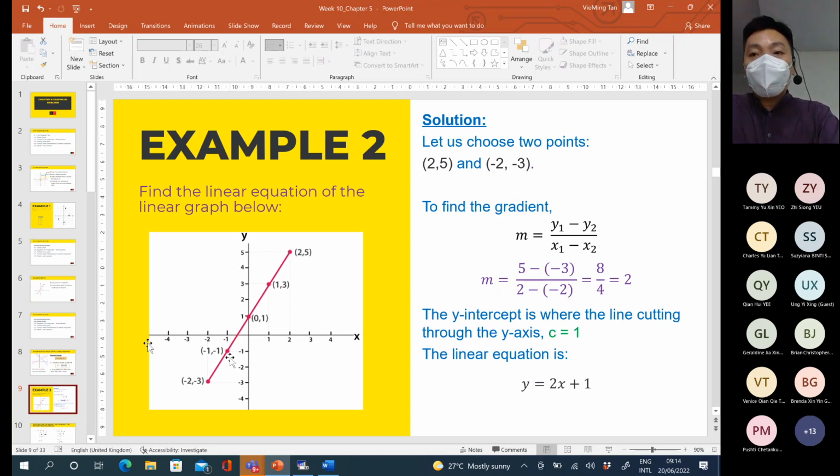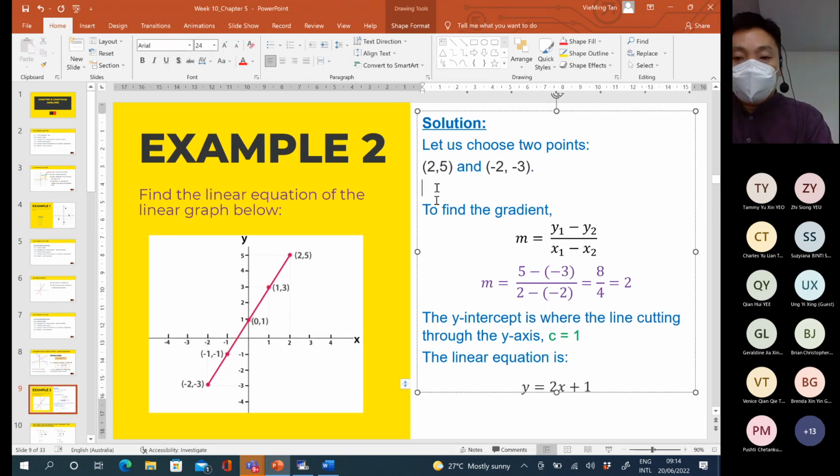Probably we can give a name to these 2 coordinates, a symbol to represent each coordinate before we start using the formula. Let x1 equal 2, and the first y value, y1, equal positive 5.